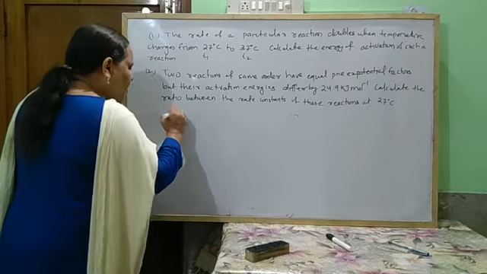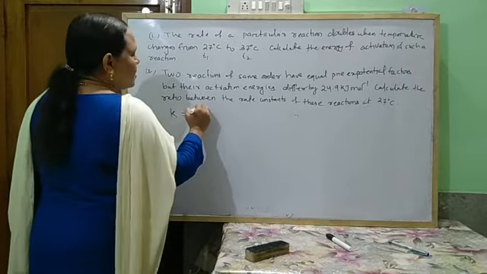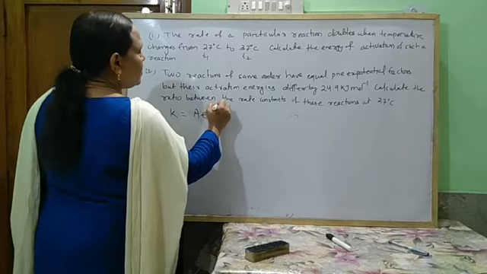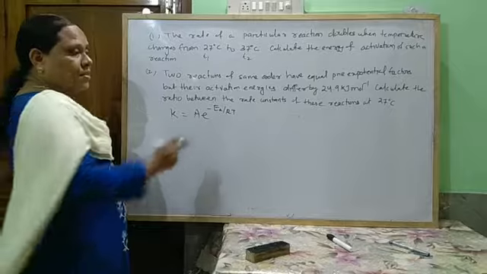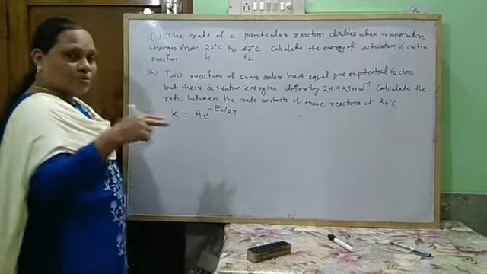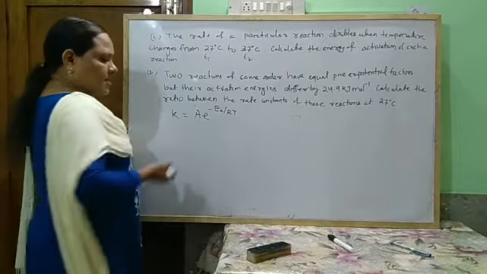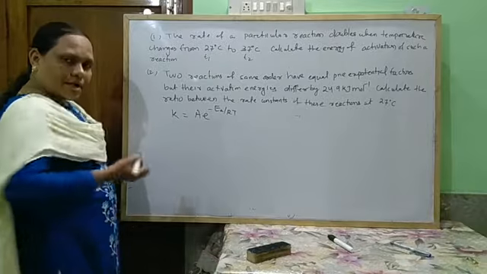So what is the general Arrhenius equation? K equal to A e to the power minus EA by RT. But here the temperature is constant, two different reactions, A is the same, and K is different.